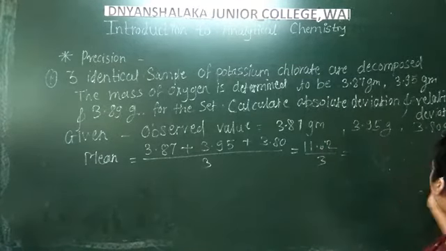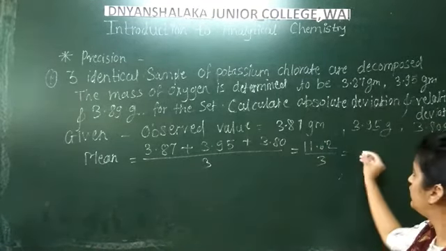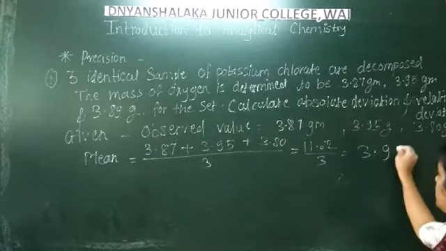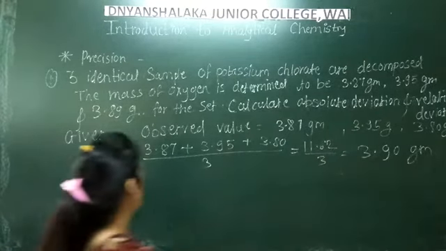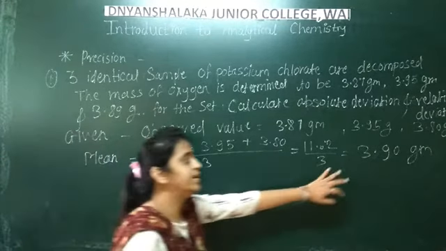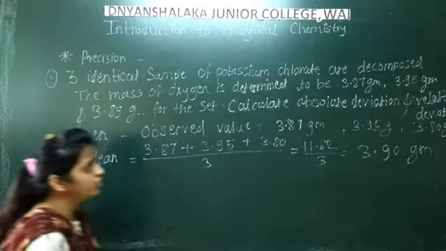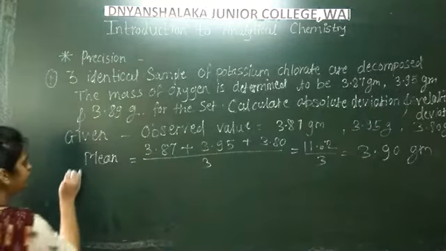On dividing, we get the mean 3.90 gram. So the mean of all these three values is 3.90 gram. Now we find out the absolute deviation.